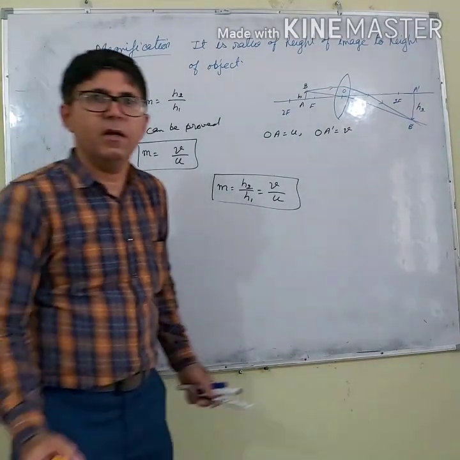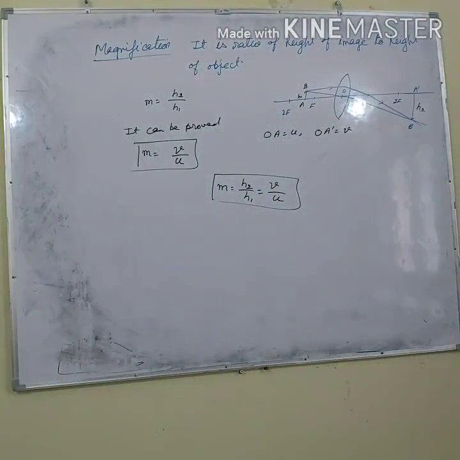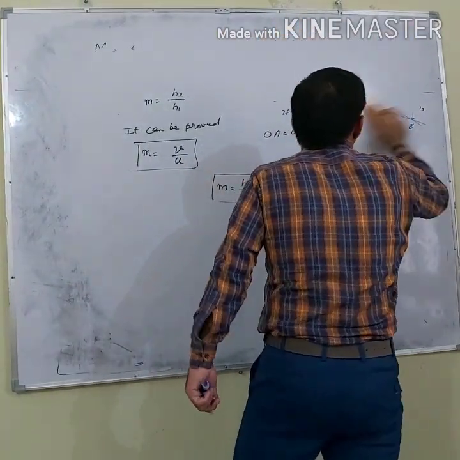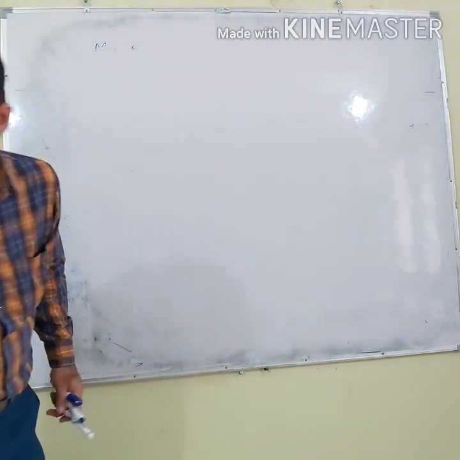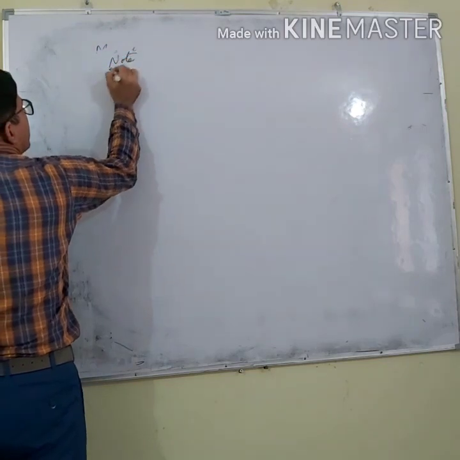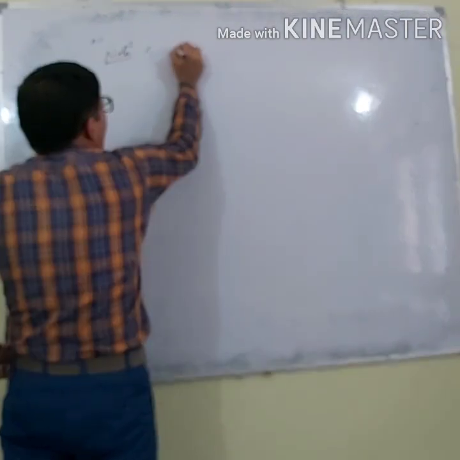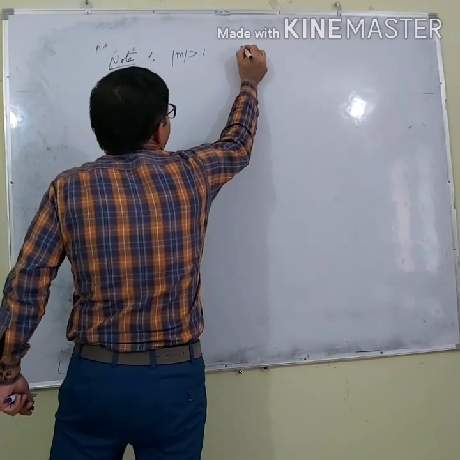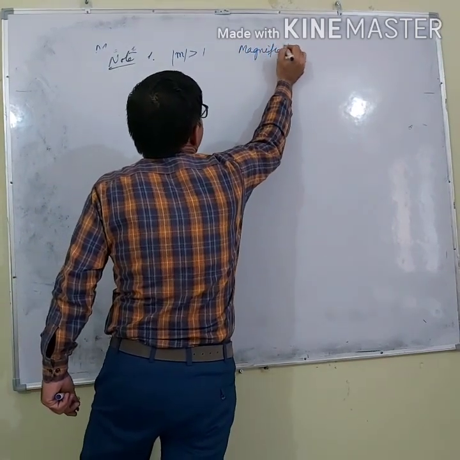Now a few points that you have written in case of magnification of mirror also, I am repeating those. Point number 1: if the magnitude of M is greater than 1, it means the image formed is magnified.